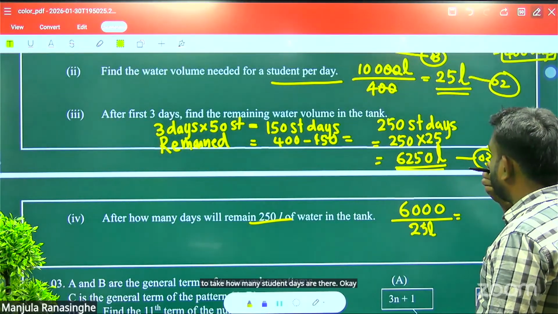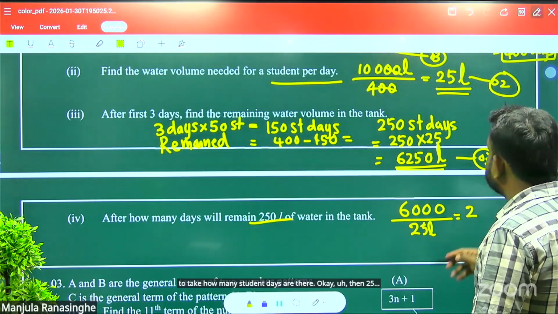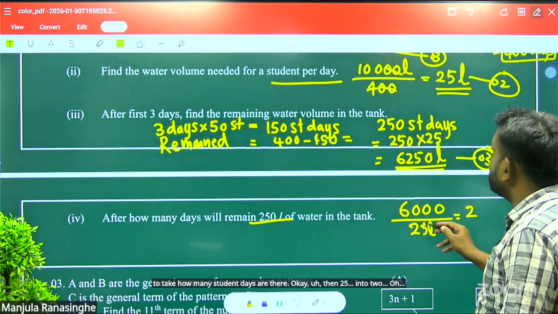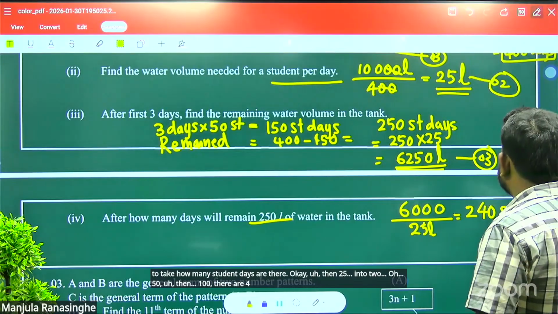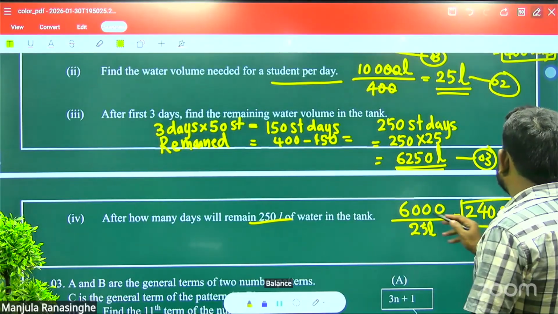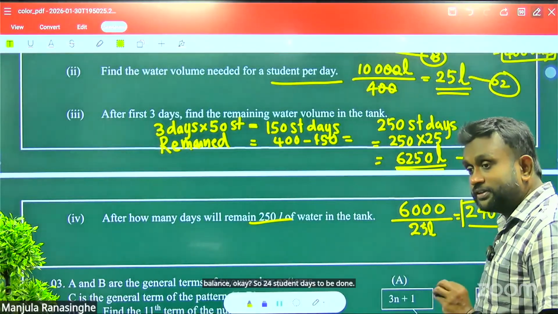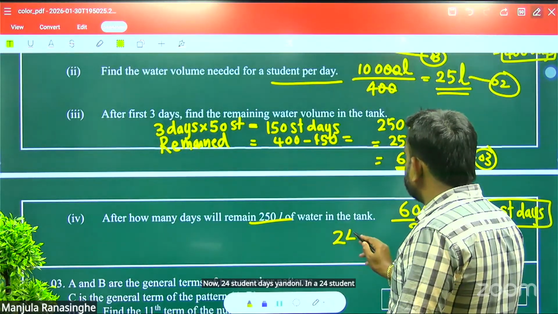Okay, then 25 into 2, 50, then 100 there, 240 student days are balanced. Okay, so 240 student days to be done, right?